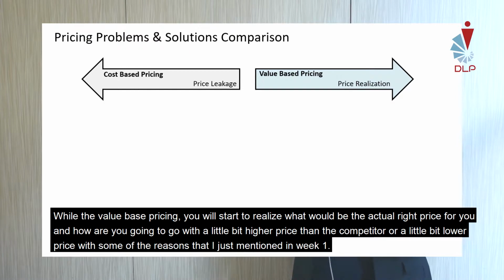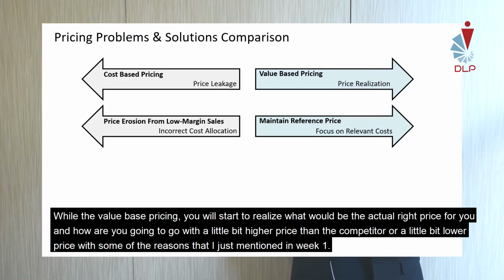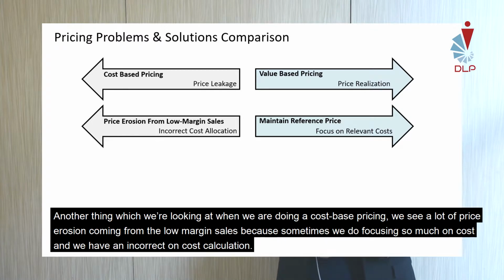With value-based pricing, you start to realize what the right actual price is for you and how you're going to go with a little bit higher price than the competitor or a little bit lower price, for some of the reasons that I just mentioned in week 1. Another thing that we're looking at with cost-based pricing is a lot of price erosion coming from low margin sales, because sometimes we focus so much on cost and we have incorrect cost collection.